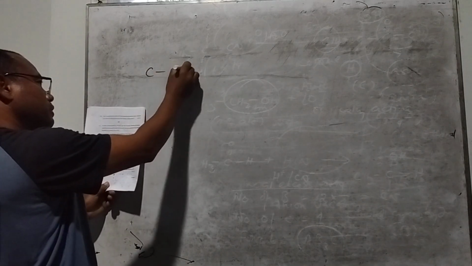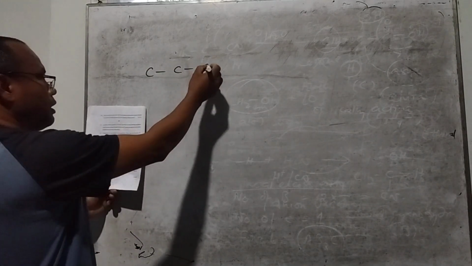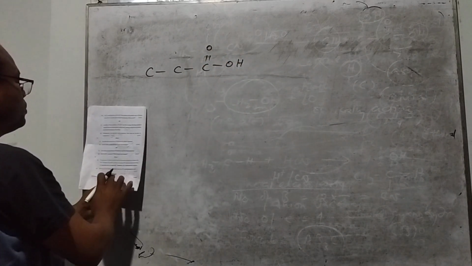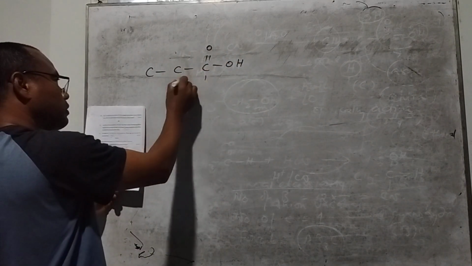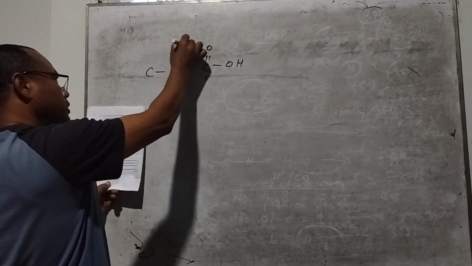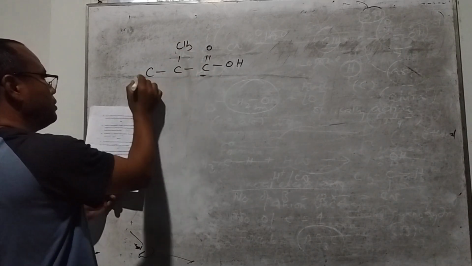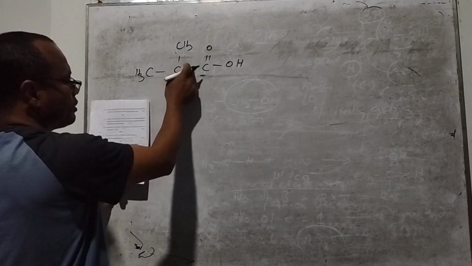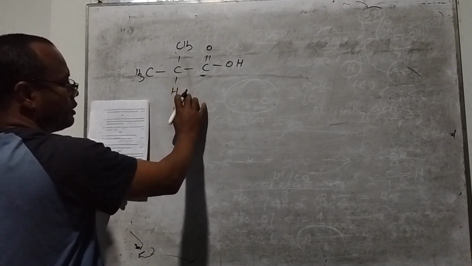Propane, how many carbons? 3 carbons, and the compound is an acid, so write it like this. Now, 2-methyl: here 1, 2. This is carbon 2, so the methyl is here, CH3. How many bonds are already there? 3. So 1 hydrogen should be here, right?